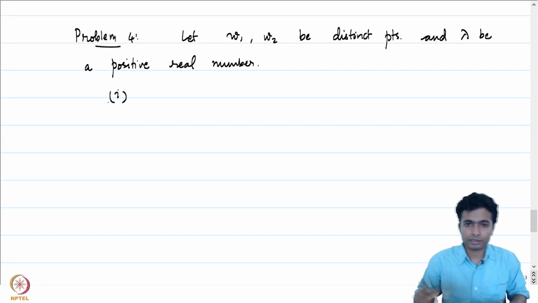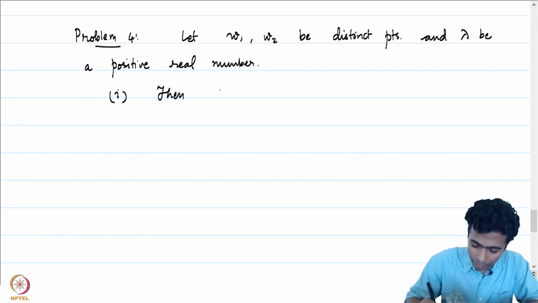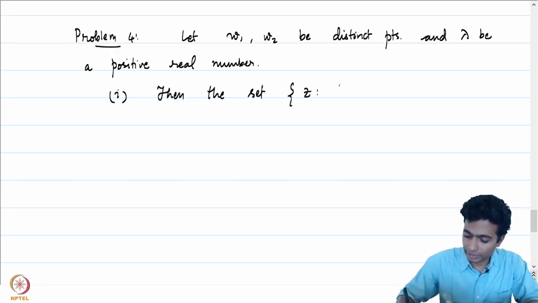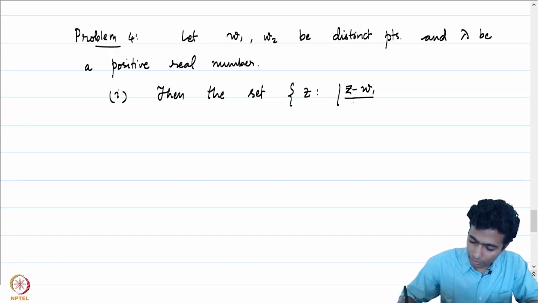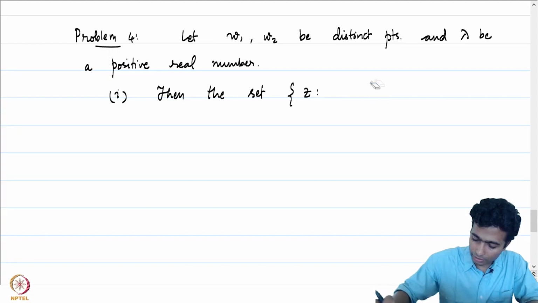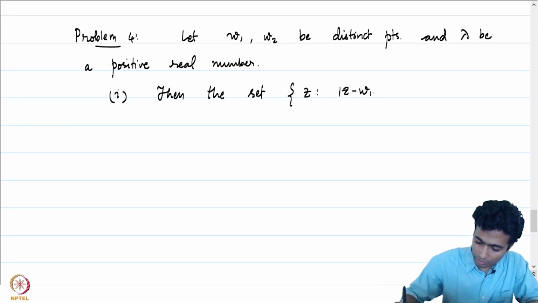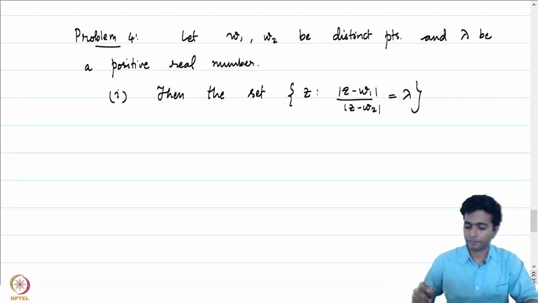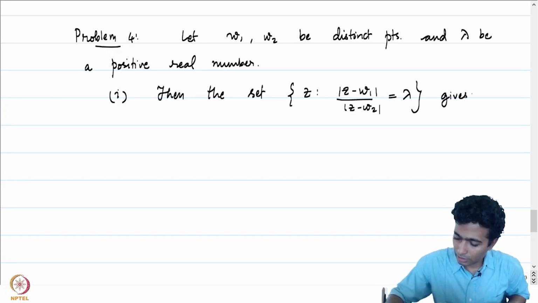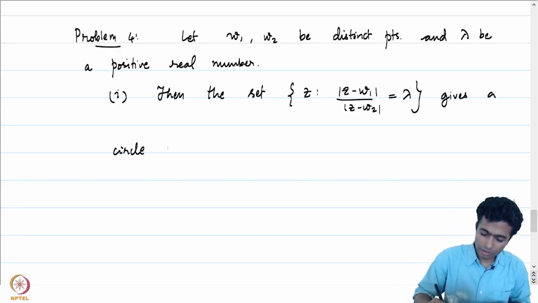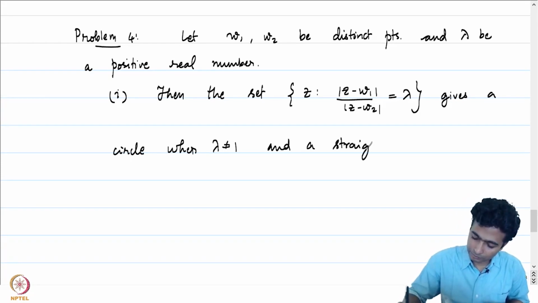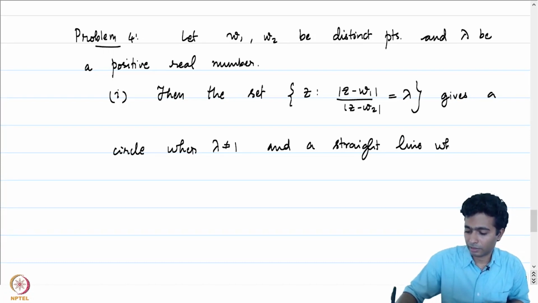So the first part of the problem tells us that the set given by the set of all z such that the absolute value of z minus w1 by the absolute value of z minus w2 equal to lambda gives a circle when lambda is not equal to 1 and a straight line when lambda is equal to 1.